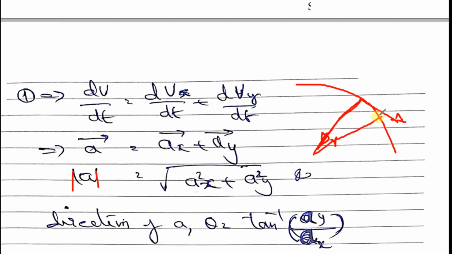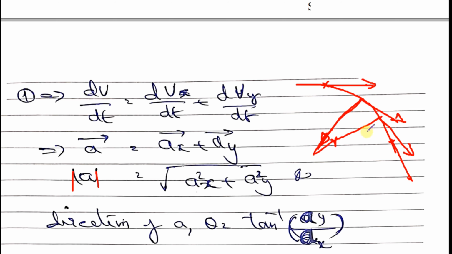If we consider this as velocity, this will be the direction at this point, and at this other point this will be the direction. At each and every point the direction will be changing, and this normal component is due to the change in direction of the velocity, and this tangential component is due to the change in magnitude of velocity. I'm talking about the acceleration.